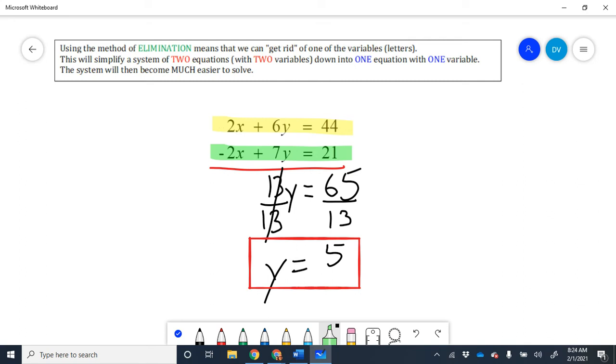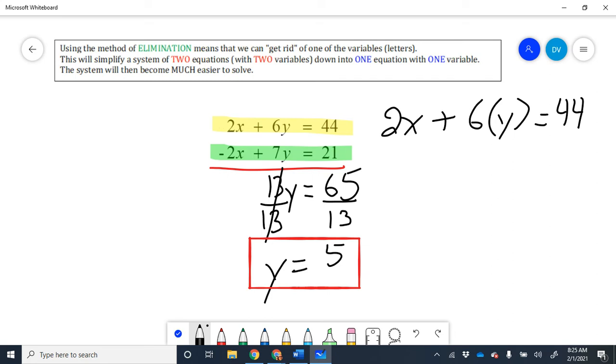Let's go ahead and do that. We'll rewrite this first equation, the yellow equation, 2x, and we'll get 6 times y. I'm going to put the y in parentheses, equals 44.